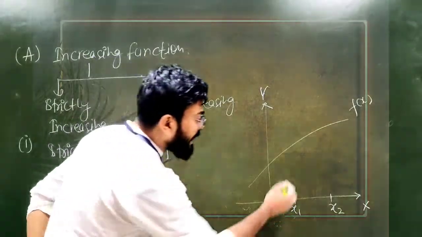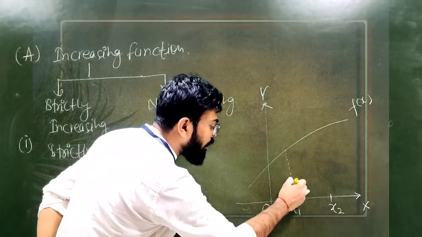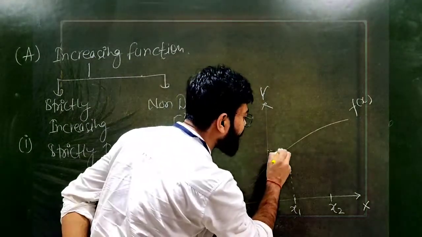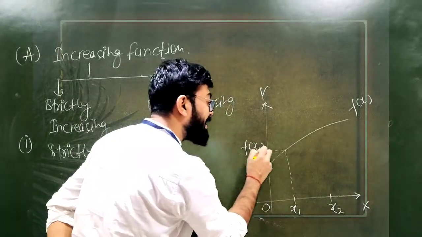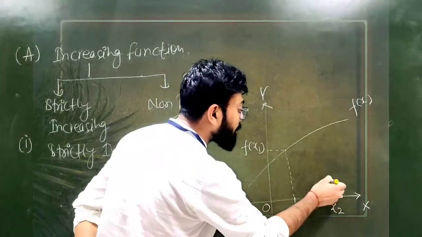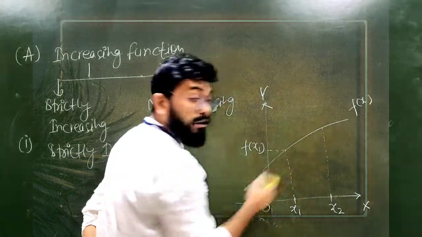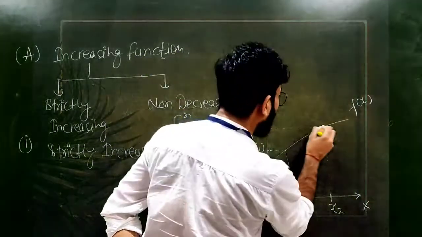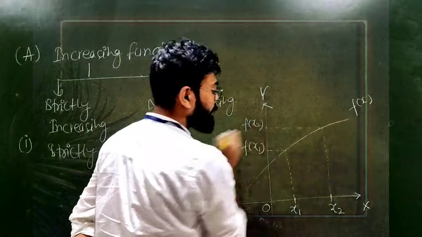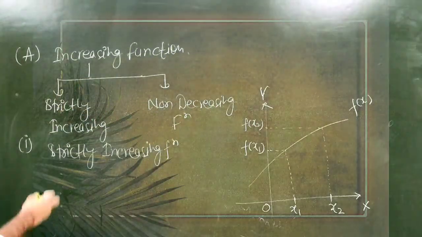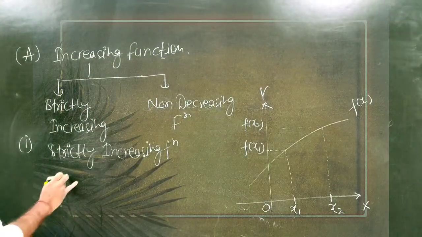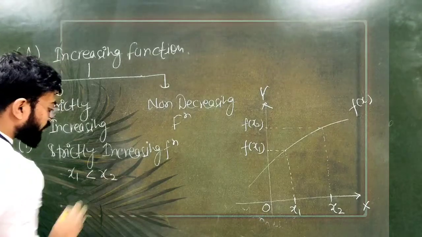So at the point of x1, the value of function will be f of x1. At the point of x2, the value of function is f of x2. Let's write like this. For a strictly increasing function, x1 is smaller than x2.